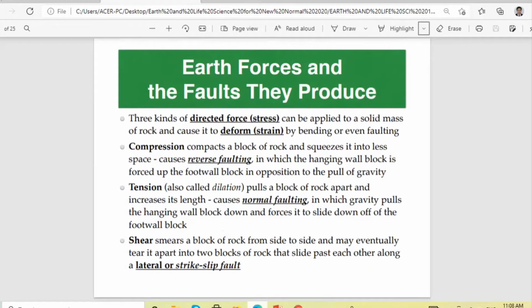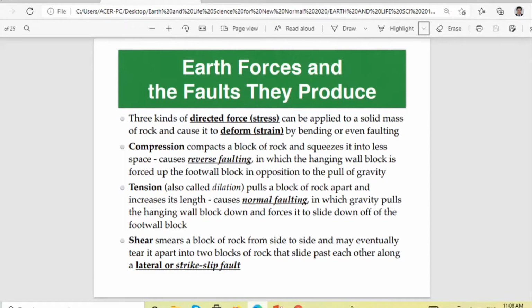Three kinds of forces can be applied to a solid mass of rock and cause it to deform or strain by bending or even faulting: compression, tension, and shear. Compression compacts a block of rock and squeezes it into less space, causing reverse faulting.